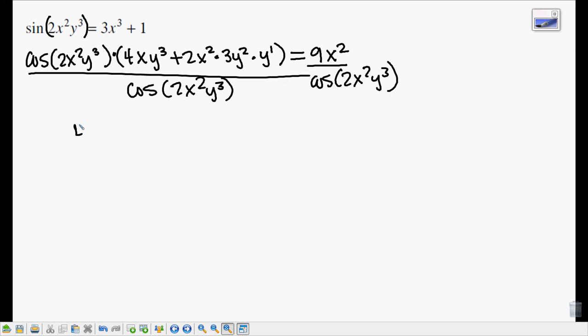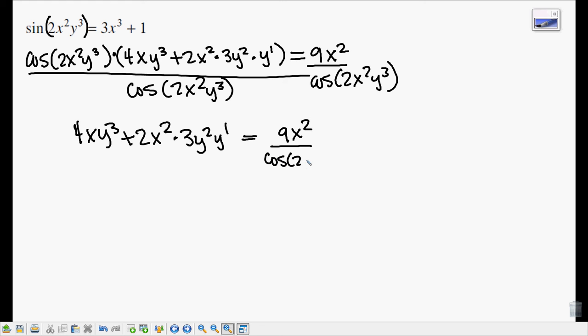So I have 4xy cubed plus 2x squared times 3y squared y prime equals 9x squared over cosine of 2x squared y cubed. I'm going to go ahead and clean this term up here as I move this one to the other side. So minus 4xy cubed.